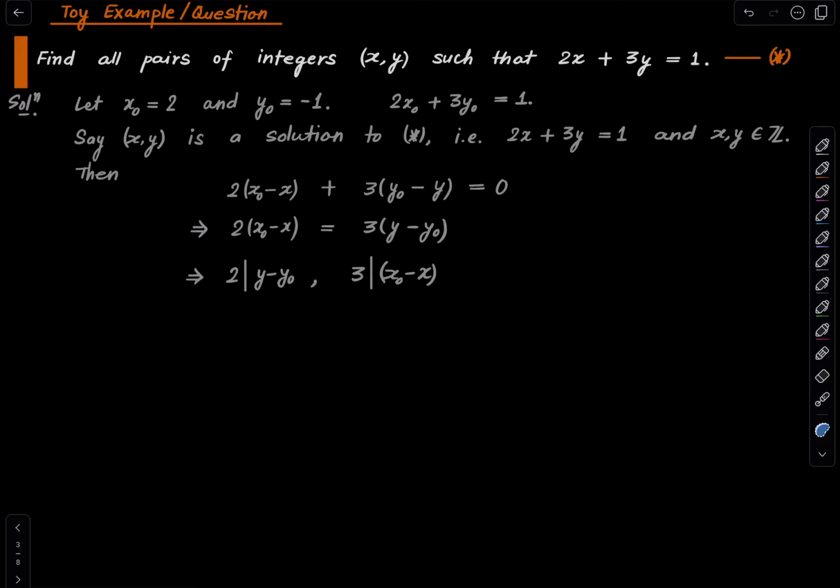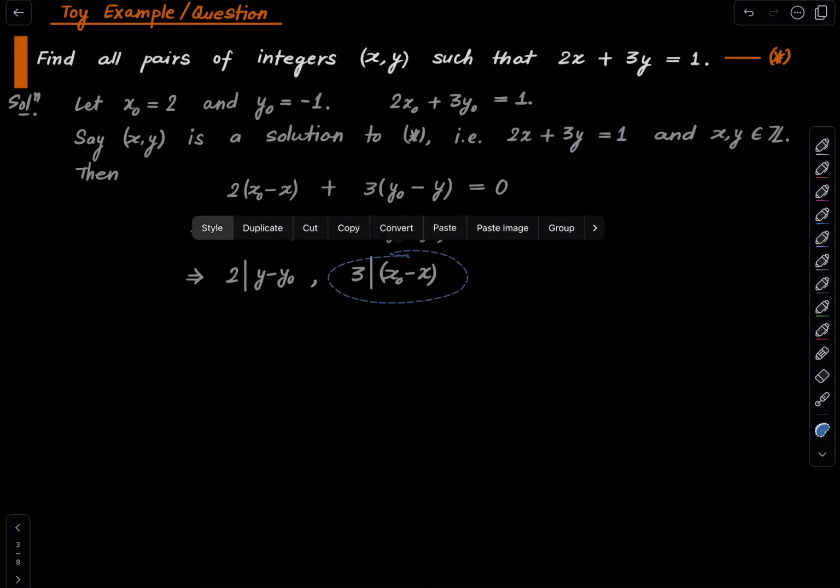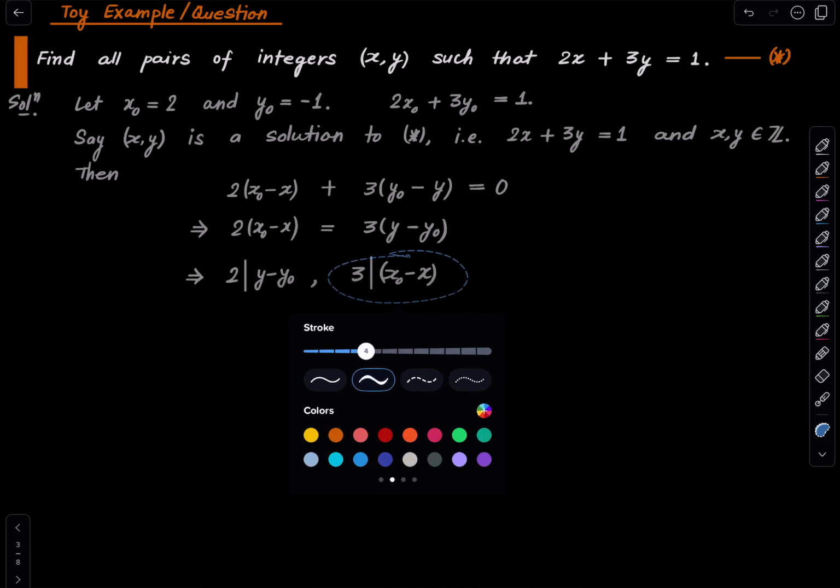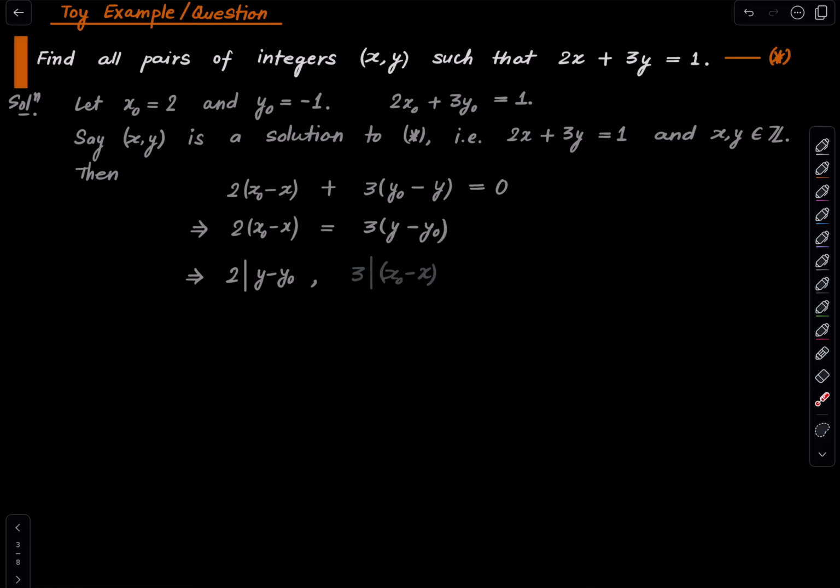But let's ignore this for the moment. We have 2 divides y minus y naught. So therefore, it is necessary that y is equal to y naught plus 2t for some integer t. Great.